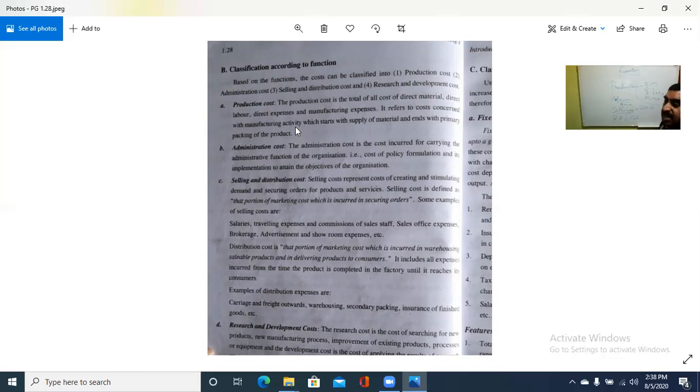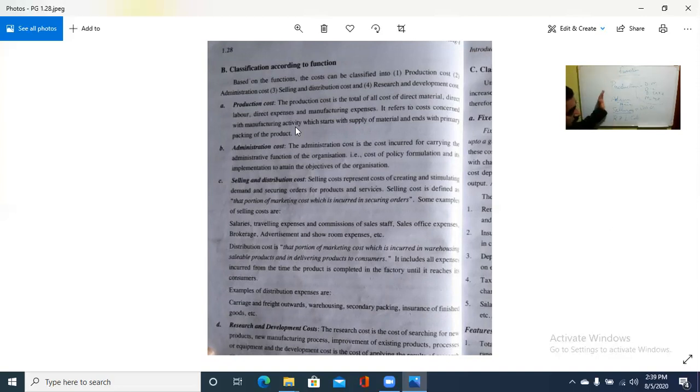Research and development means research is to be conducted in order to improve the current working condition, the improvement of the existing product, new manufacturing processes, new products, processes or equipment, and thereby a development cost is also to be incurred, for research conducted on a commercial basis. So that is the research and development cost.